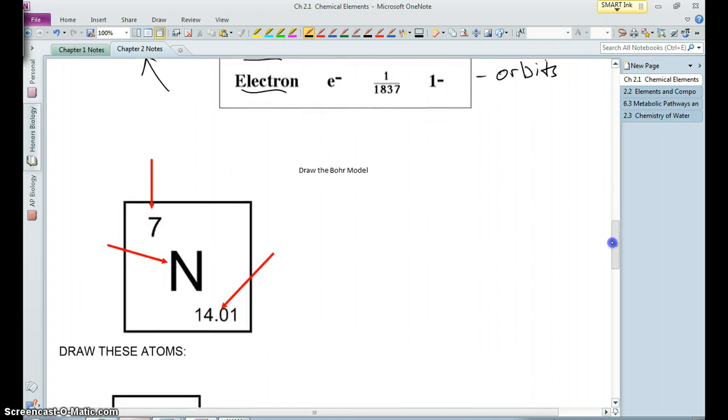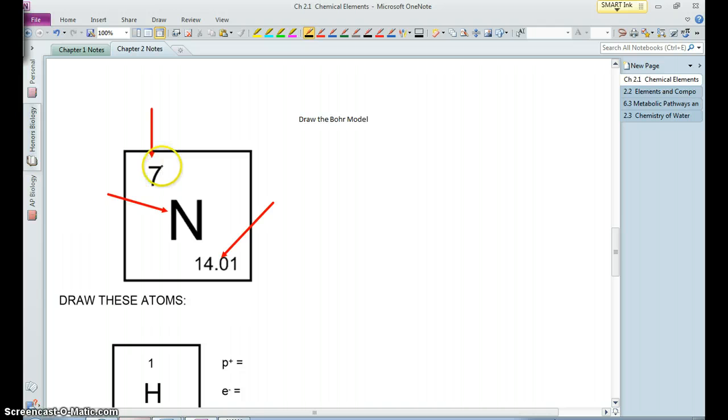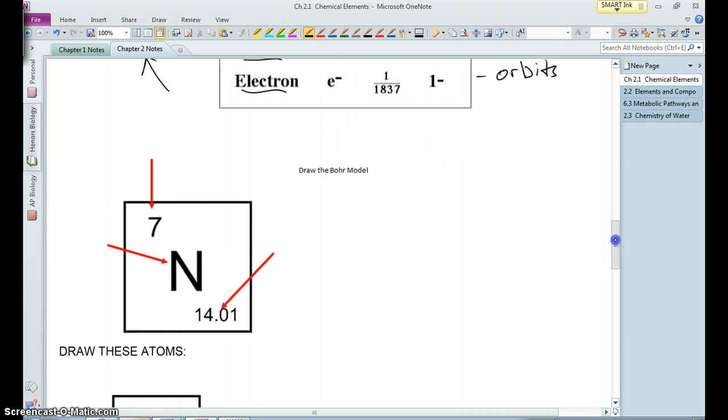And so here's a little closer look at nitrogen. Again, we've got an atomic number of 7, so that's the number of protons. But as you may recall, in your typical atom, what about the number of protons and neutrons? What's the relationship between them? Well, they're typically the same.